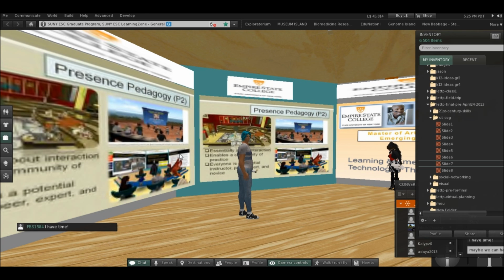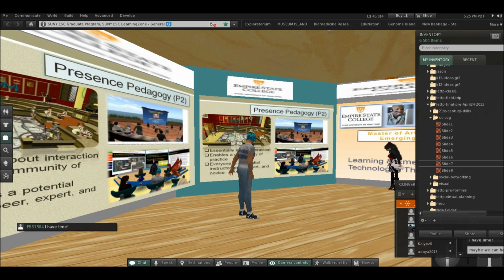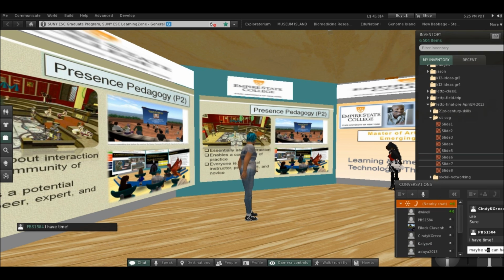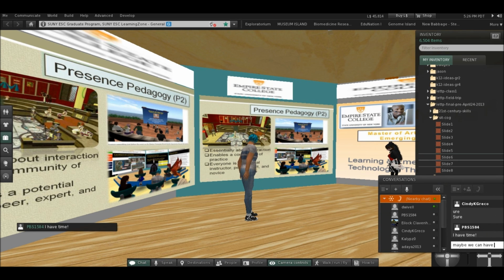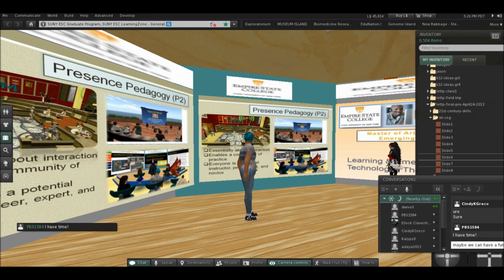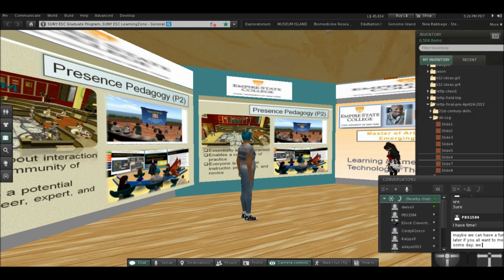Experiential learning, direct experience. Presence pedagogy, of course, we learned about in a couple of the readings, and virtual and mediated realities provide a very fertile ground, a wonderful place for people to come in where the instructor-peer interaction is slightly different than in the real world.